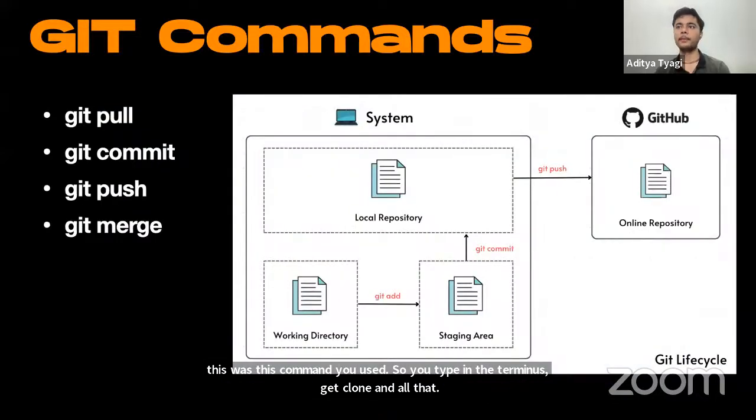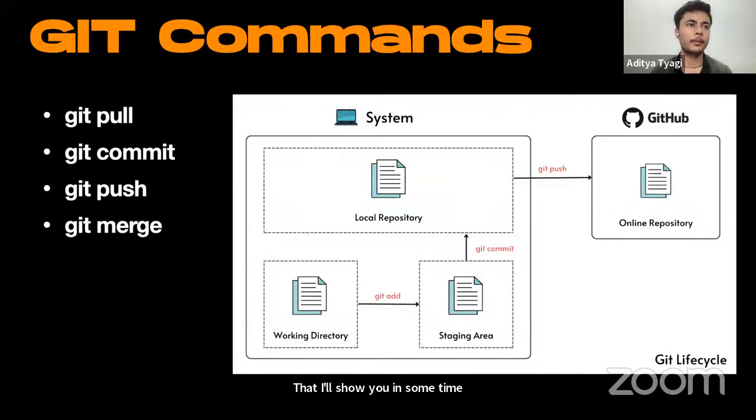Let's move forward. The basic and major commands we use every day, and I personally also use them, are git pull, commit, push, and merge. Pull means we take the fresh changes that were made in the remote repository into our copy.